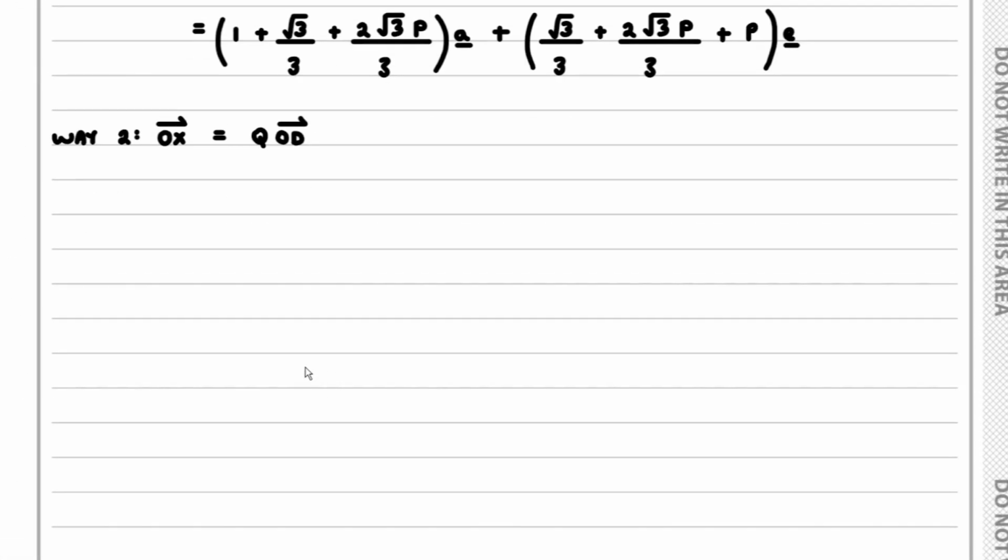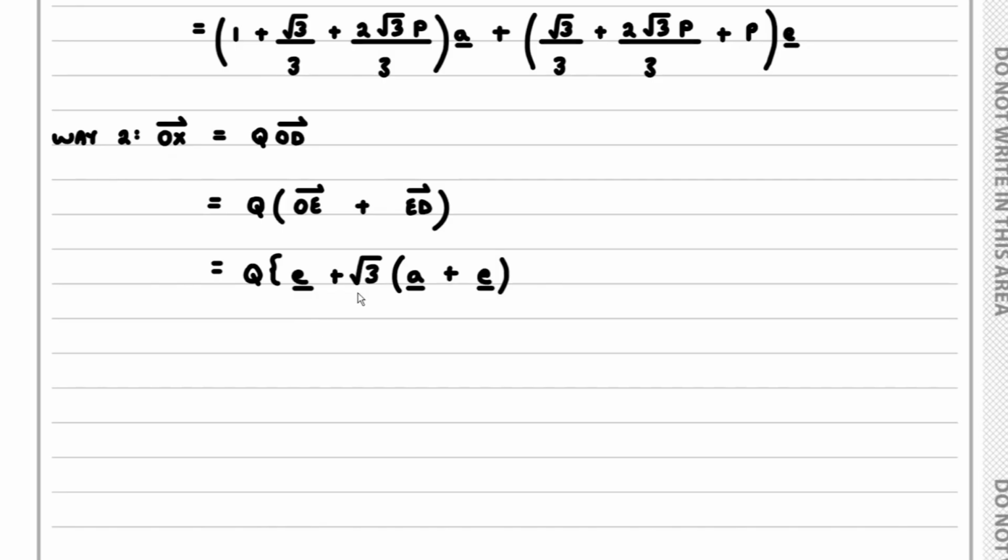So we have Q times by OE plus ED. So we've got Q times by, now here we've got E plus √3 times A plus E. And if we simplify, we've got √3QA plus √3 plus 1QE.